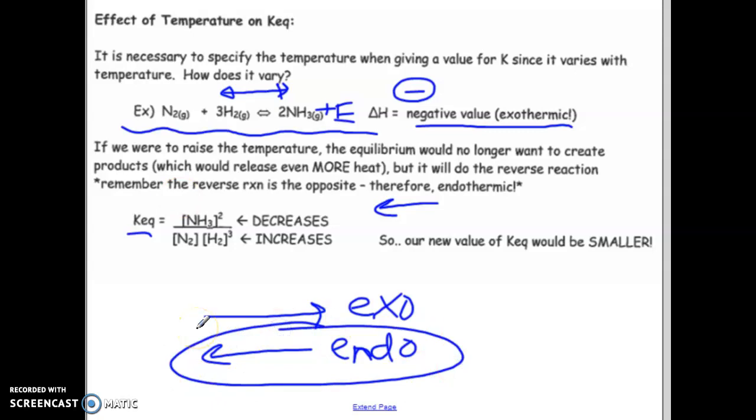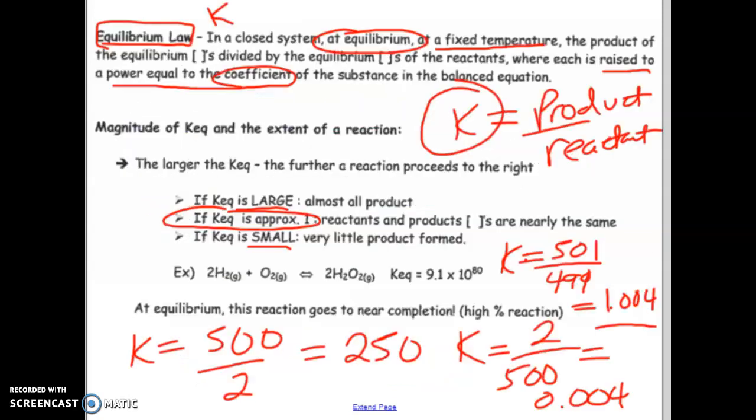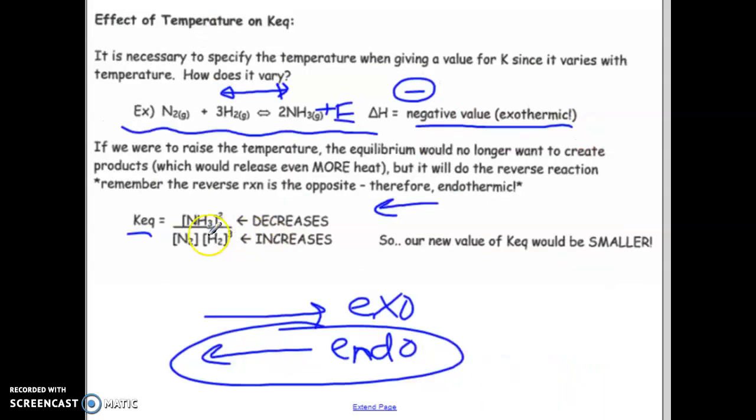It will be going at a faster rate. So your products will become smaller because you are producing more reactants. The reactant concentrations will go up, so your denominator goes up, and the product concentration will go down. So if you were to imagine going back to this one, I'm now going to have a larger number in my denominator than I had before. So the K value goes down. The K value is smaller.